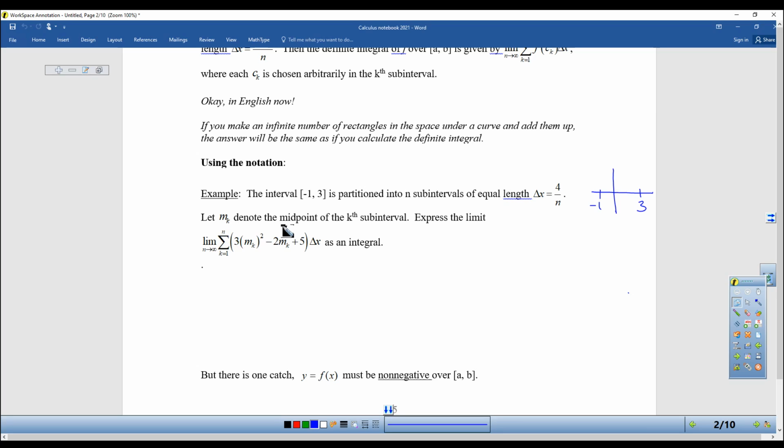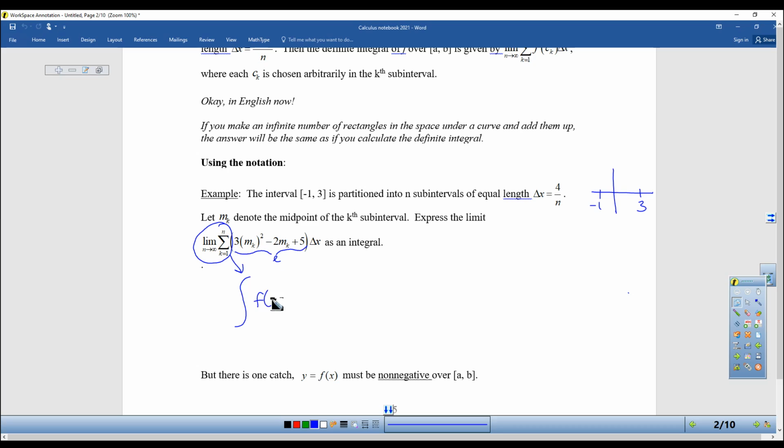Let m sub k denote the midpoint of the k-th subinterval. Express this limit as n goes to infinity. As soon as you see n goes to infinity, it's going to be an integral. So these two pieces make that integral. And how do you do the length each time?